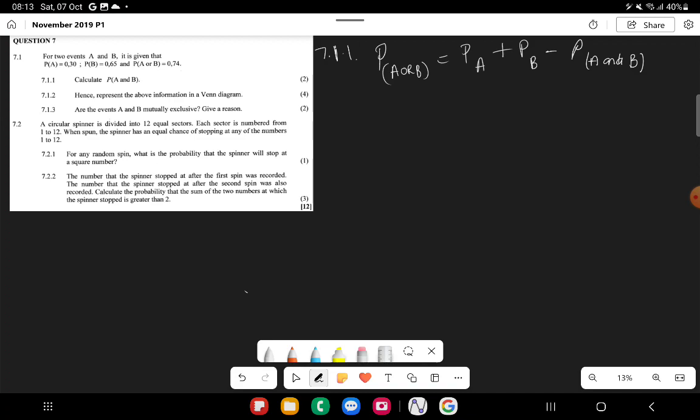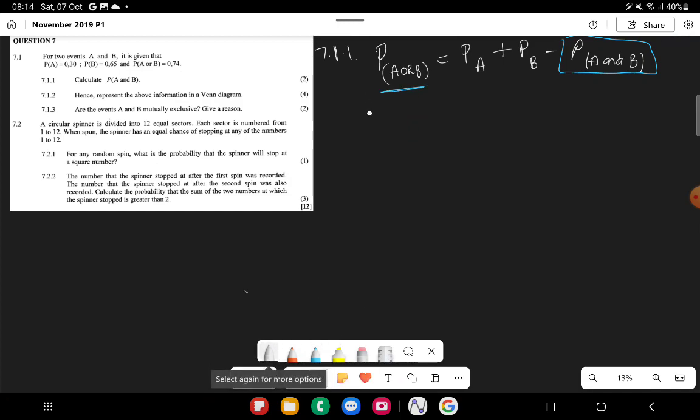Now, what we want to calculate is this one as the final answer. So you can first substitute and then isolate, or first isolate and then substitute. I'm going to isolate first, and swap these two.